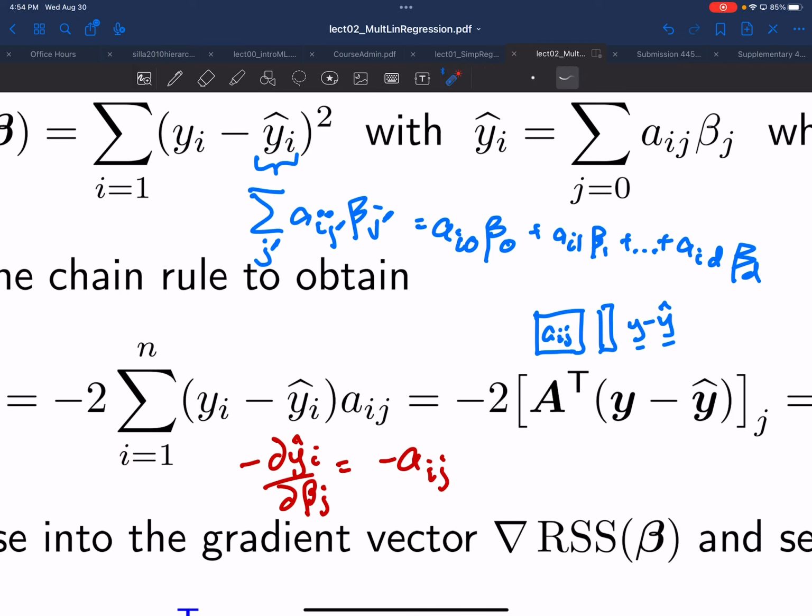I'm freezing the value of j. j is fixed, but you can see there are many different i's, and the y's are indexed by the i's. So I can draw a little arrow going down this way to say that's where the i's are going, down this vector of y minus y hat. As I go down that vector, i increases. For this to be a valid matrix multiply, I also have to have i going across the columns of this other matrix.